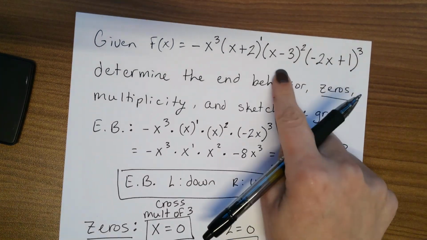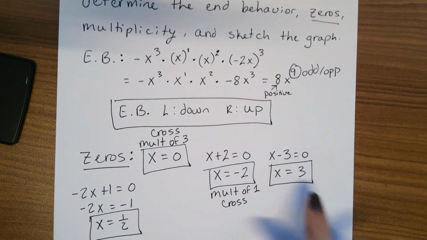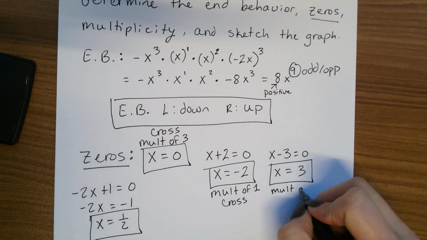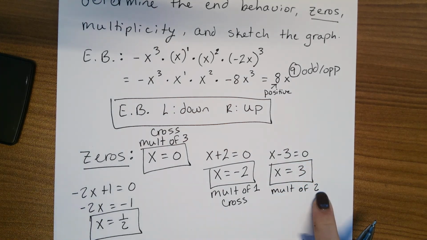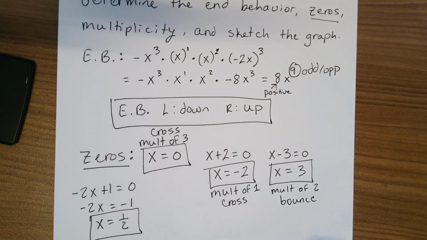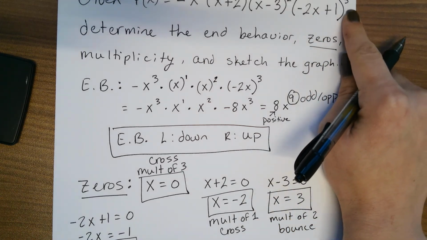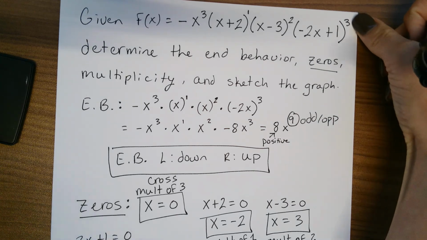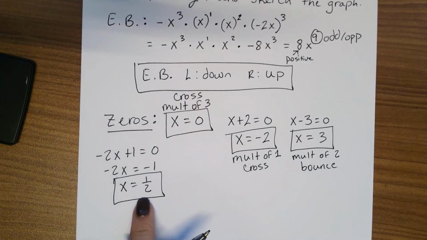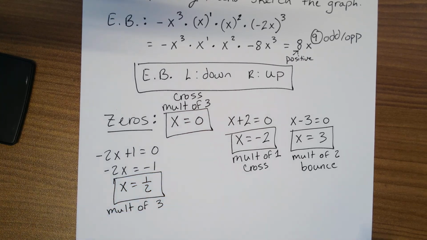The factor x minus 3 has an exponent of 2, so that root has a multiplicity of 2. 2 is even, so I know that my graph will bounce off the x-axis at this point. And the last one, negative 2x plus 1, has an exponent of 3. So the root that came from that factor, x equals a half, has a multiplicity of 3, which is odd, so I know that my graph will actually cross the x-axis at that point.